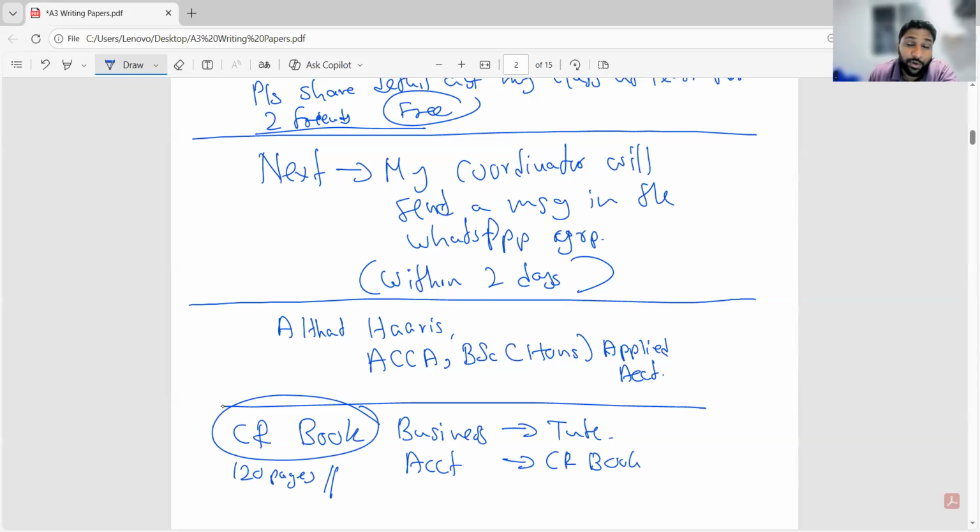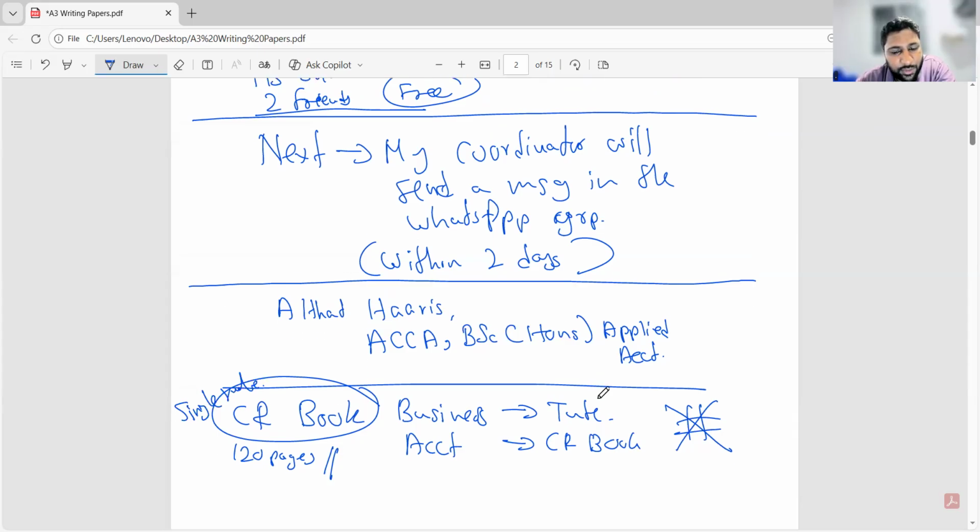Don't take the square rule book. Because in your exam, the answer booklet that you get is not square rule, it is single rule. So a single rule CR book, 120 pages. Any other questions?